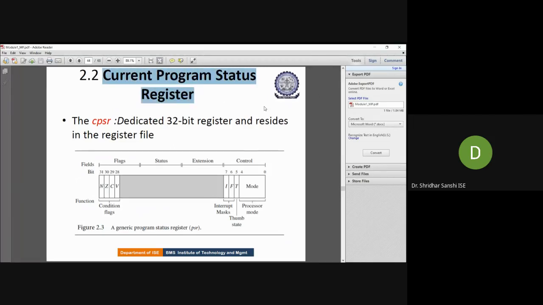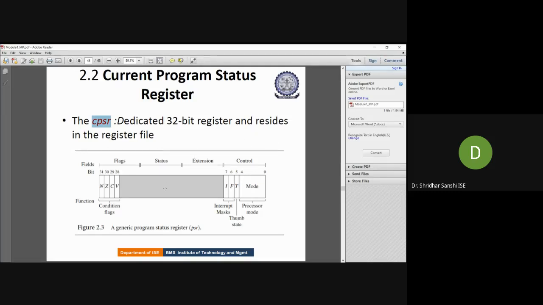Current program status register. This is also visible when we are executing the program, correct? For the programmer, this register is also visible. Yesterday I talked about the four fields. The size of the CPSR, current program status register, is 32 bits, divided into four fields.